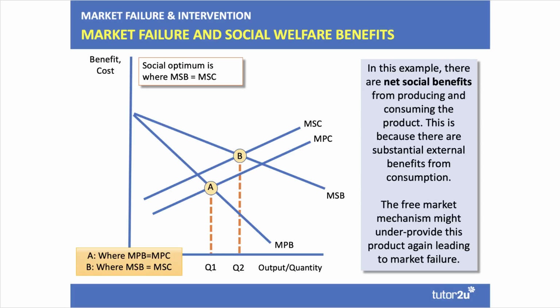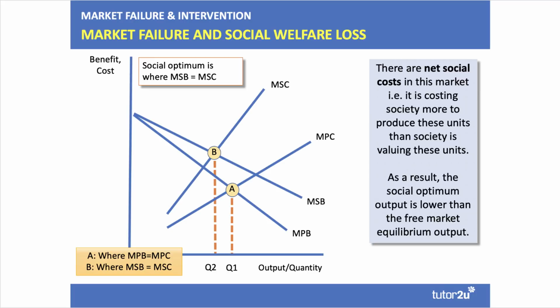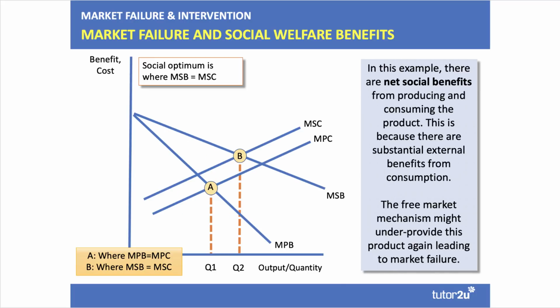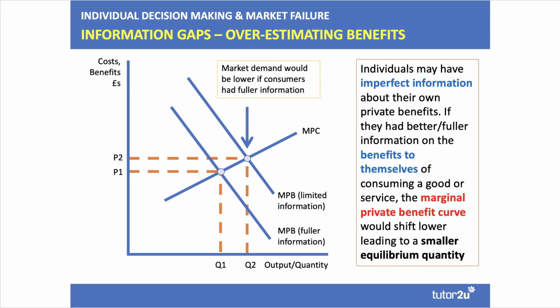Let's just go back a slide. This is where negatives dominate the positives. That's where positives dominate the negatives. And you get what's called net social benefit. Now that is a key term, particularly if you want to get very good analysis marks in your exams. Again, this kind of diagram leads to strong evaluation because you've nailed the analysis, as somebody would say.